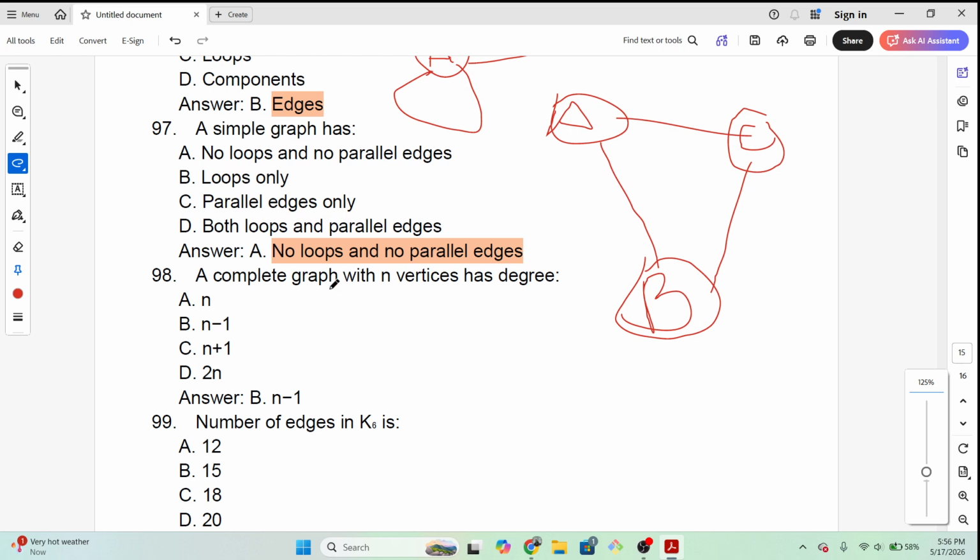So a complete graph with n vertices has degree n minus 1. Let's see. Basically, we have three vertices; a node is called a vertex. We have to find the degree of each vertex. For a complete graph, the degree of each vertex is the same. So the degree is the number of vertices minus 1.